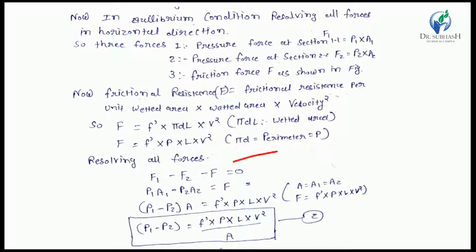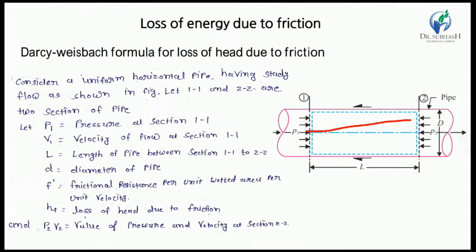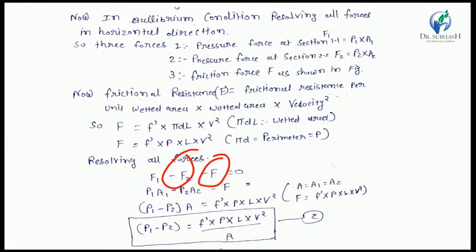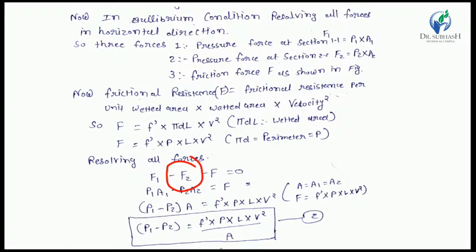Pi d is the perimeter or periphery P. Now resolving all forces in the horizontal direction: F1 minus F2 minus F. F2 and F have a negative sign because the pressure at section 2 is in the opposite direction to pressure 1, and we know that friction is in the opposite direction of flow, so it is also negative.